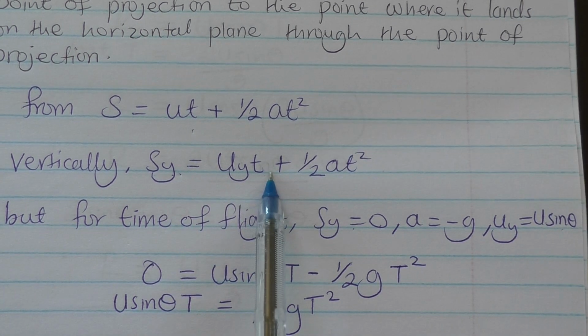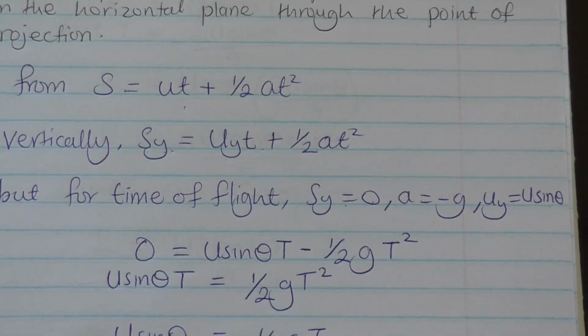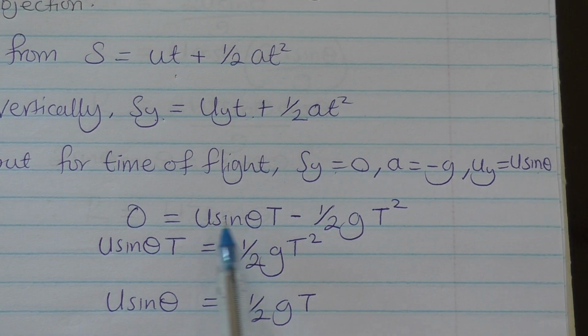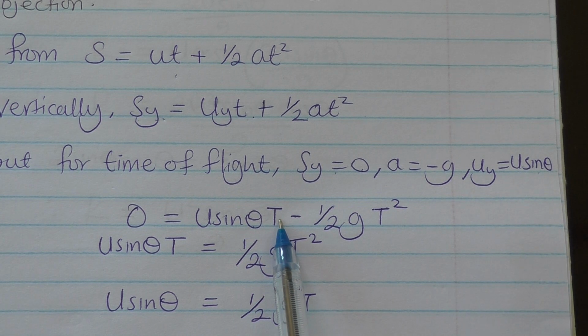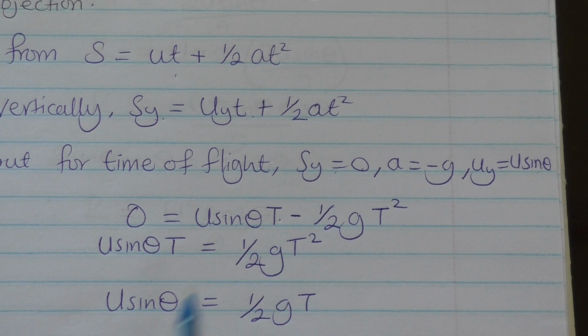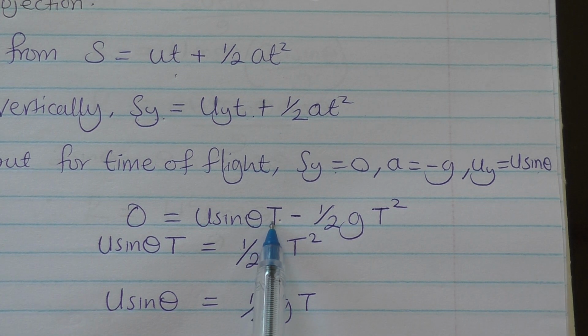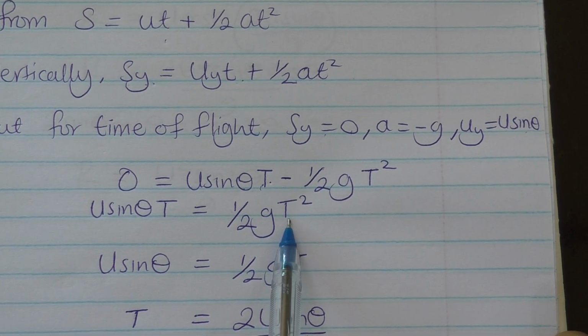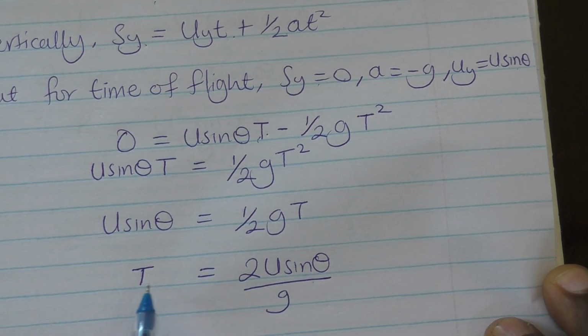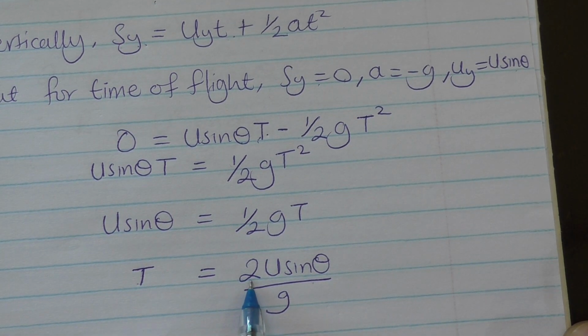So when we substitute in the second equation, we shall end up with 0 equaling u sin theta t minus a half g t squared. But during that time of landing, as it lands down, that means it will be having the time of flight, because it goes up and comes down. So that time will be the time of flight, capital T. Therefore, when we make T the subject, we end up with the time of flight as 2 u sin theta over g.